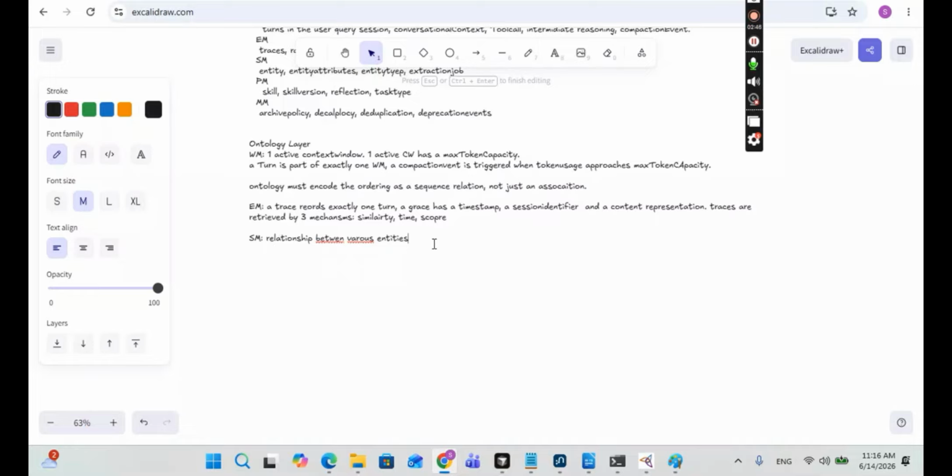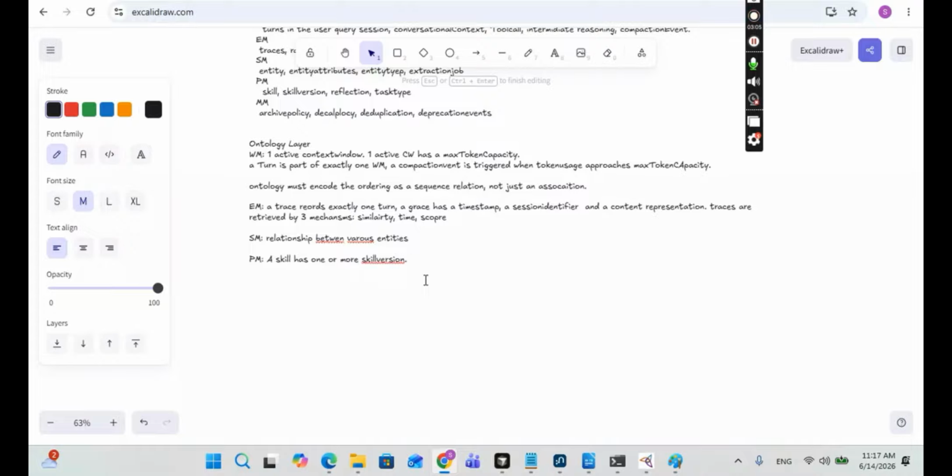Next, procedural memory is a versioned skill registry. A skill has one or more skill versions. So again, relationships came.